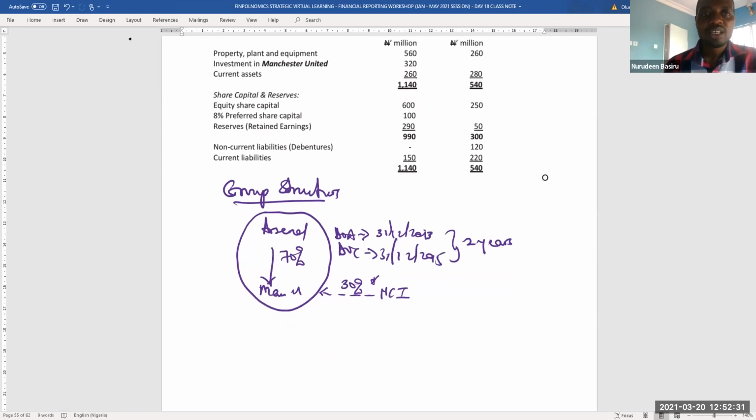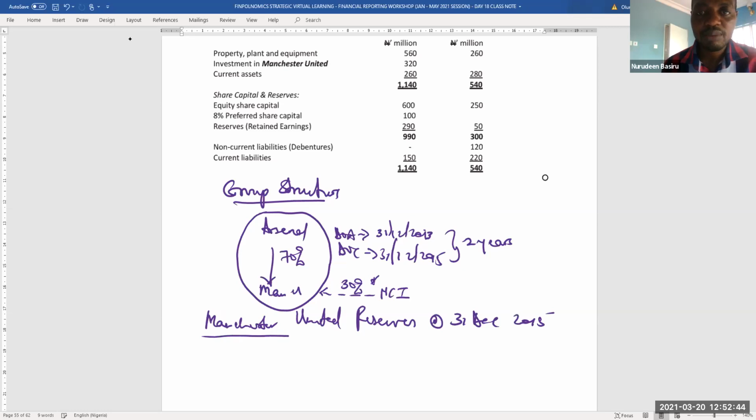Share capital and reserves. Equity share capital 600 for Arsenal, 250 million for Man U. 8% preferred share capital 100 million for Arsenal.